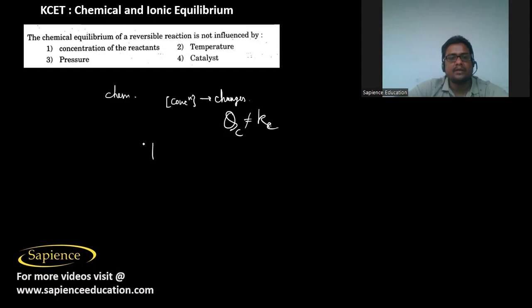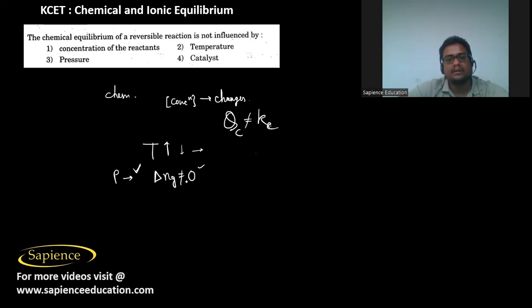So there will be either a forward shift or a backward shift in the equilibrium. And when temperature increases or decreases, it can also influence the equilibrium if it is an exothermic or endothermic reaction. Then pressure can also influence it if delta Ng is not equal to 0.